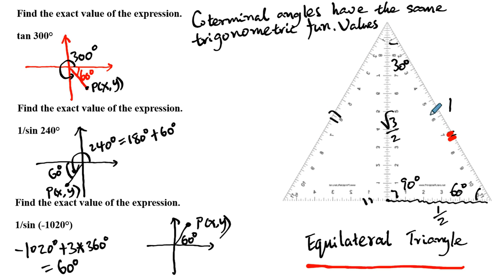Everyone agrees on that. All three sides are equal. If this side is 1, then this side has to be 1, and this side has to be 1 as well.